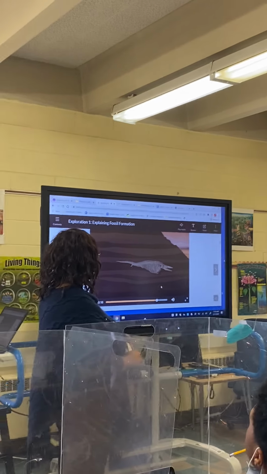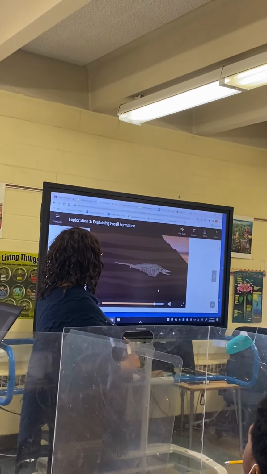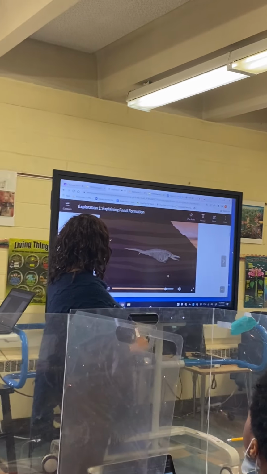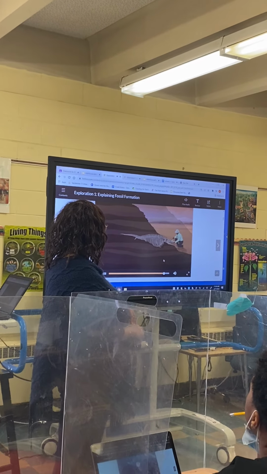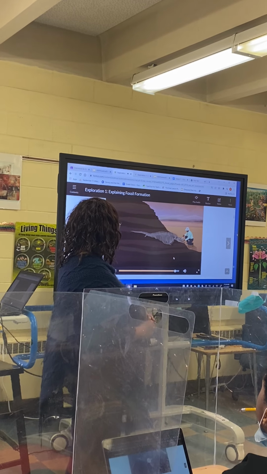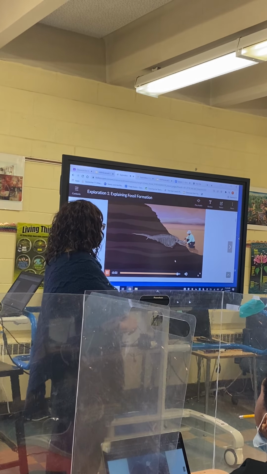Due to tectonic changes, what was once ocean floor is now dry land. Erosion exposes the fossilized remains of the whale. If the fossilized remains are found by scientists, they may be excavated for study.